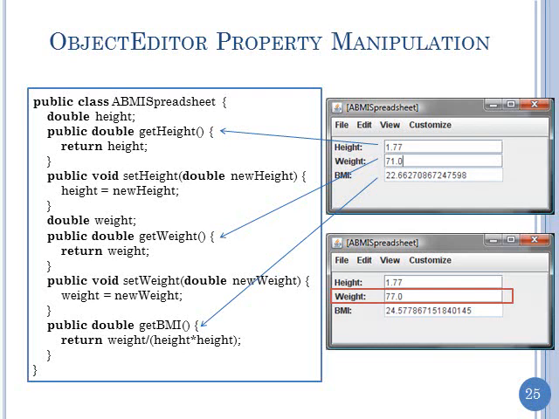So there is a naive brute force approach and there is a smart approach you want. And you say, let Object Editor be smarter. And could it not look at the code of getBMI and setWeight? And it says that, look, setWeight is changing weight here. getBMI is using weight.